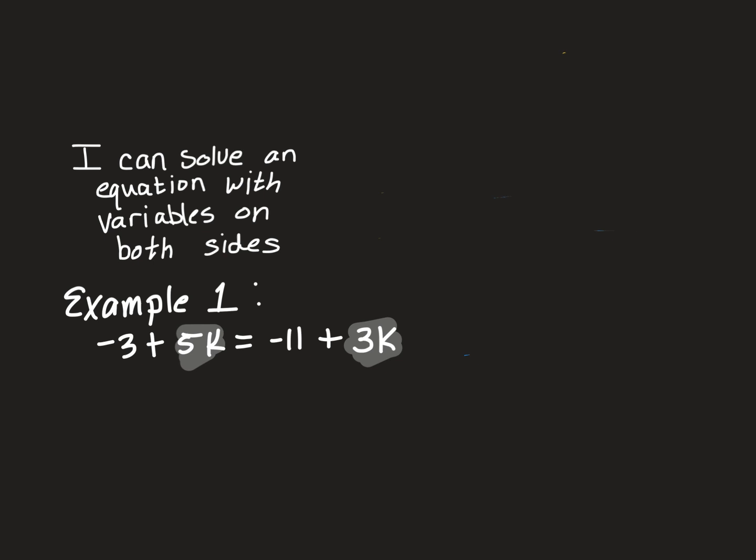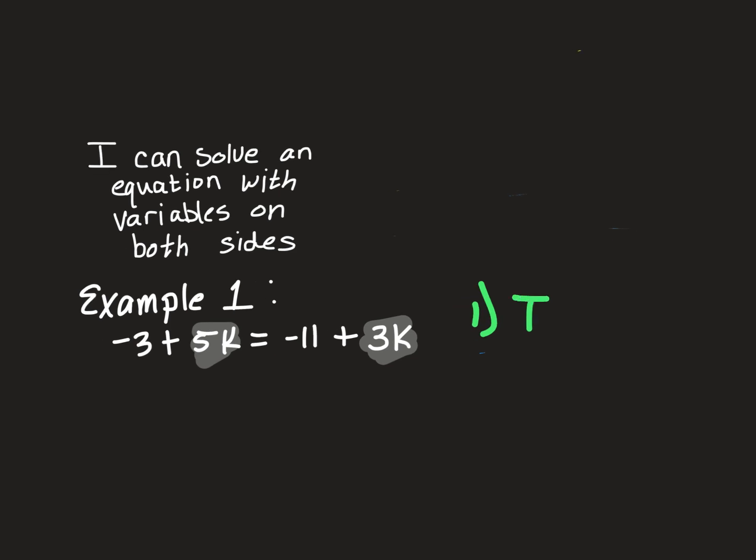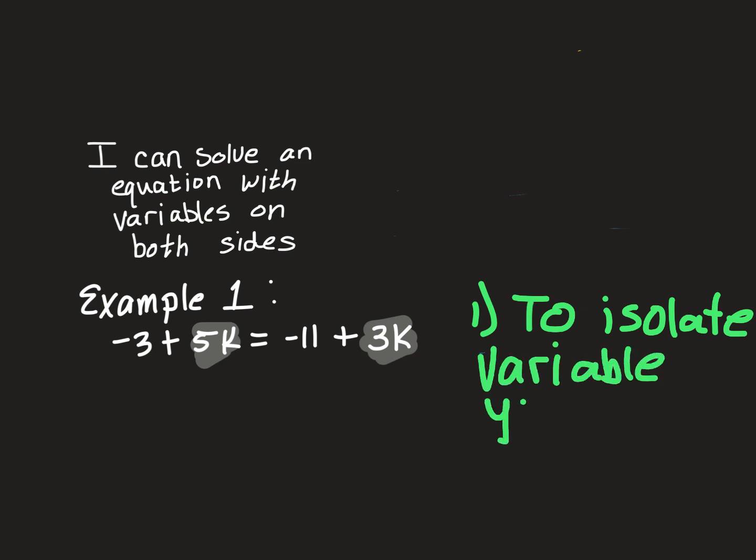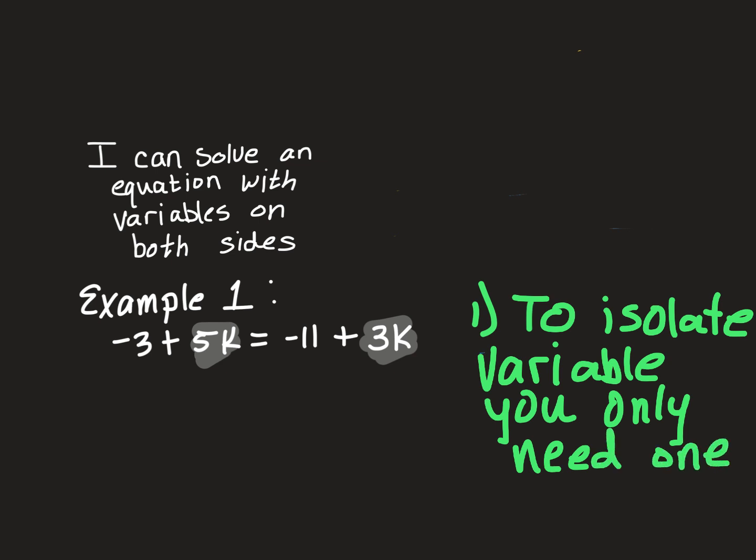So step 1, or the first big idea, this is where I do want you to write. First big idea is to isolate the variable. You only need one variable, okay?